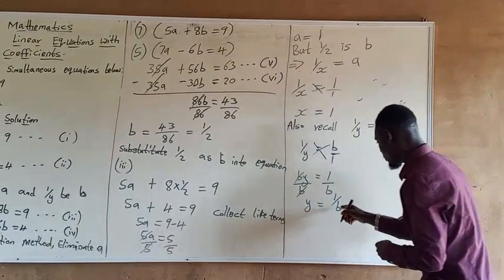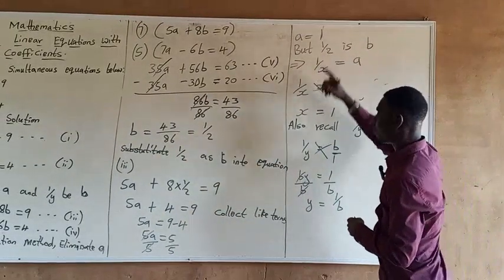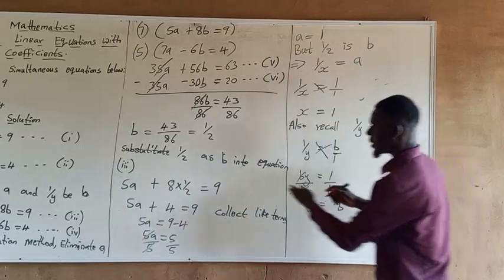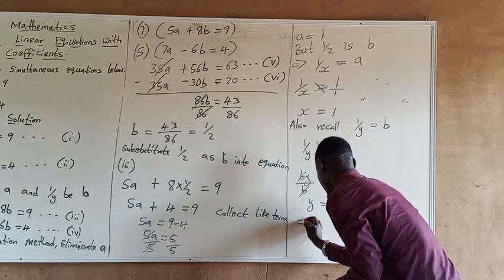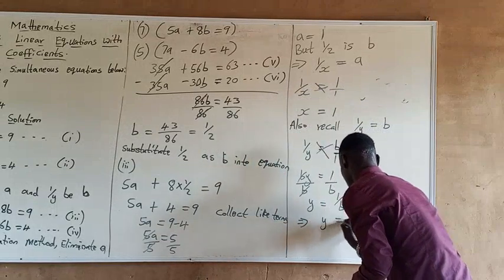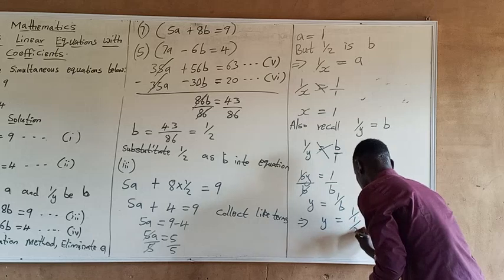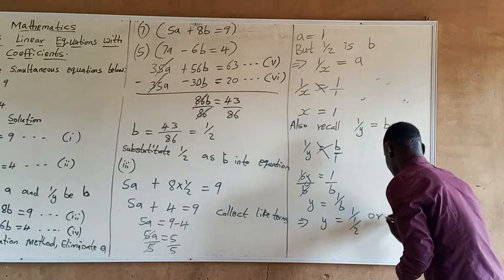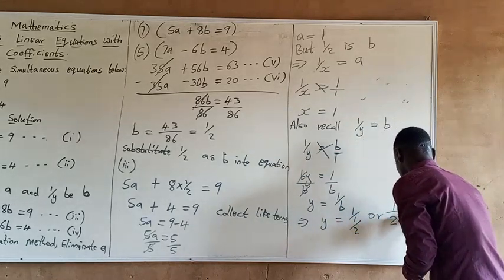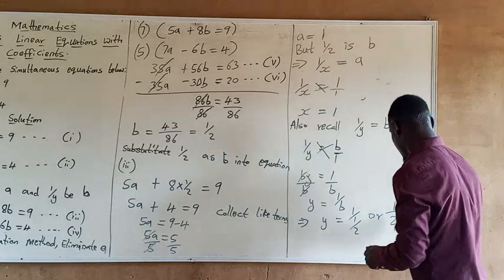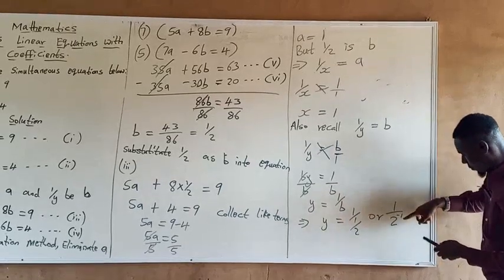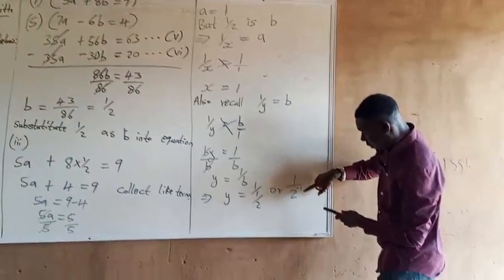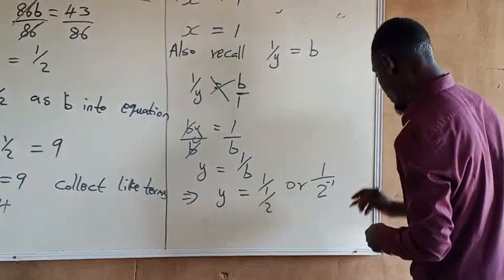And you also know that b itself is 1 over 2 from this value we got here. So we substitute it. This implies that y is equal to 1 over 1 over 2, which can also be written as 1 over 2 raised to the power of minus 1. Anytime you have the inverse of this inverse, you take the base at the down.